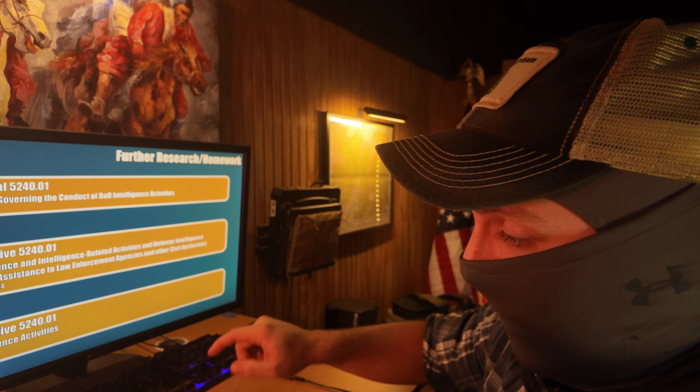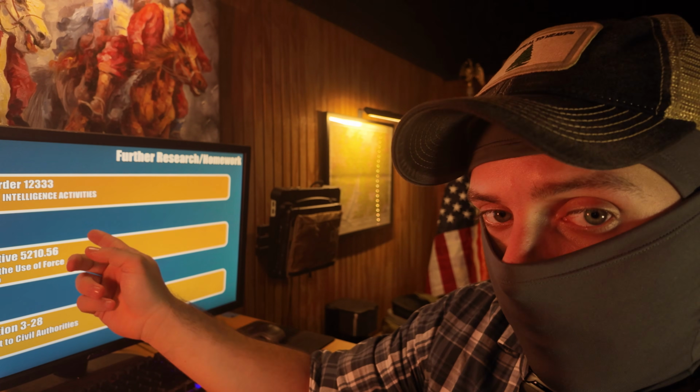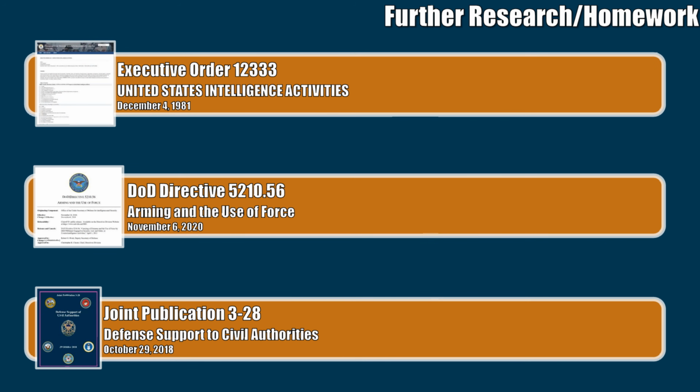And why is it radically different? I think because of these documents. So if you want to understand how screwed you have been as an American for a long period of time, read these three. Read Executive Order 12333, again, right on the government website. And also read DoD Directive 5210.56. This is the governing document for the use of force.